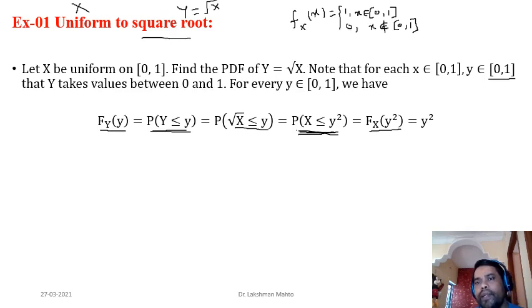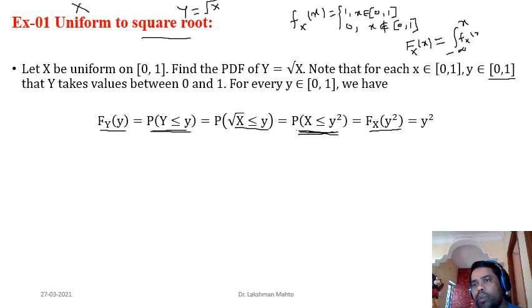Why? We know that if you try to find the CDF of a uniform random variable, how do you find it? From the formula, it is a continuous random variable, and I had already given the definition of CDF for a continuous random variable. That means you have to integrate from minus infinity up to x, and we know that from minus infinity to 0, the PDF is taking value 0, and just within the interval 0 to 1 it is taking a non-zero value, that one is 1.